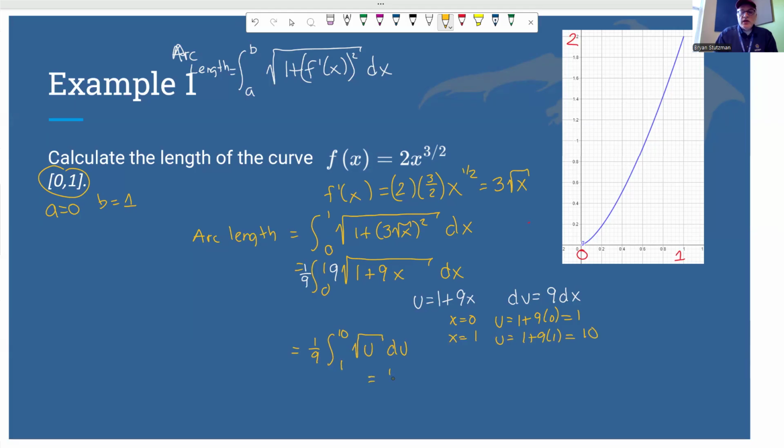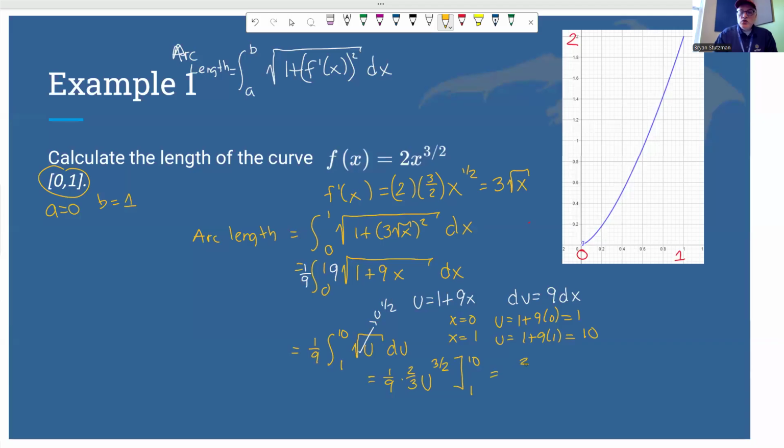which is 1/9 times, so this is the same as u to the 1/2 power. So I use the power rule, raise the exponent by 1, divide by the new exponent between 1 and 10.